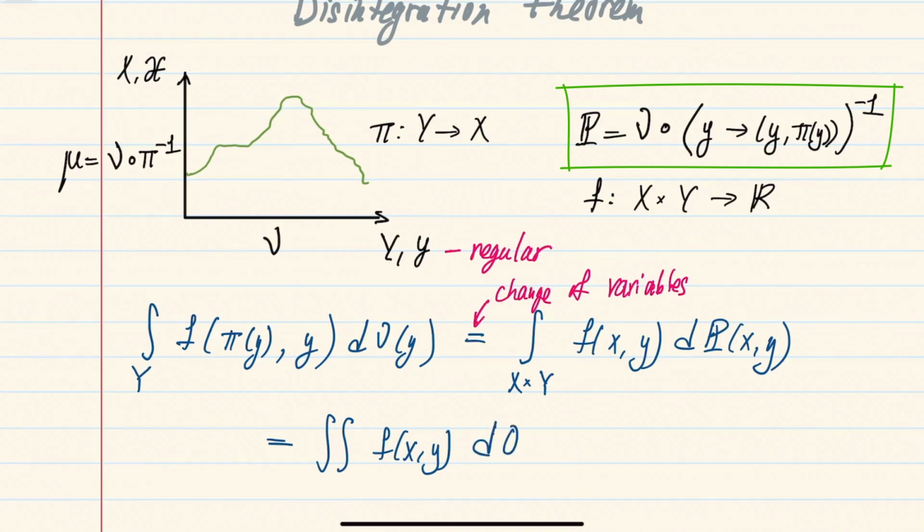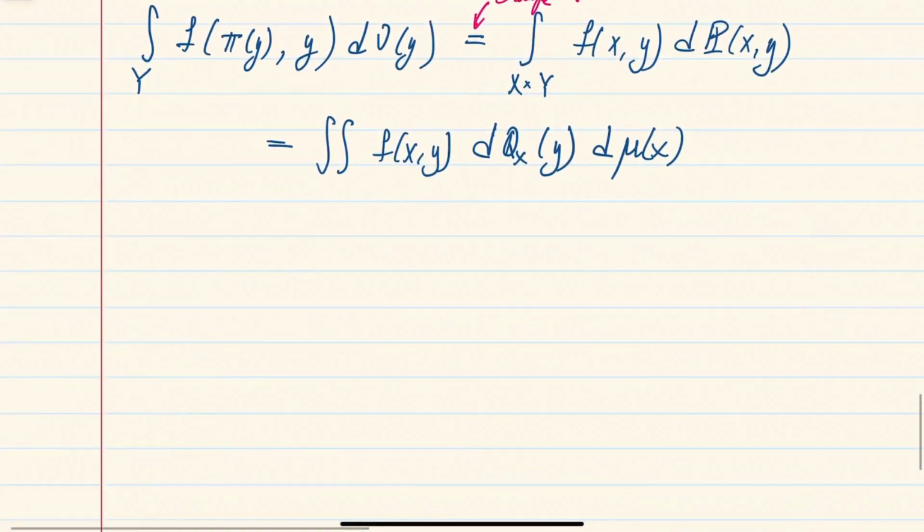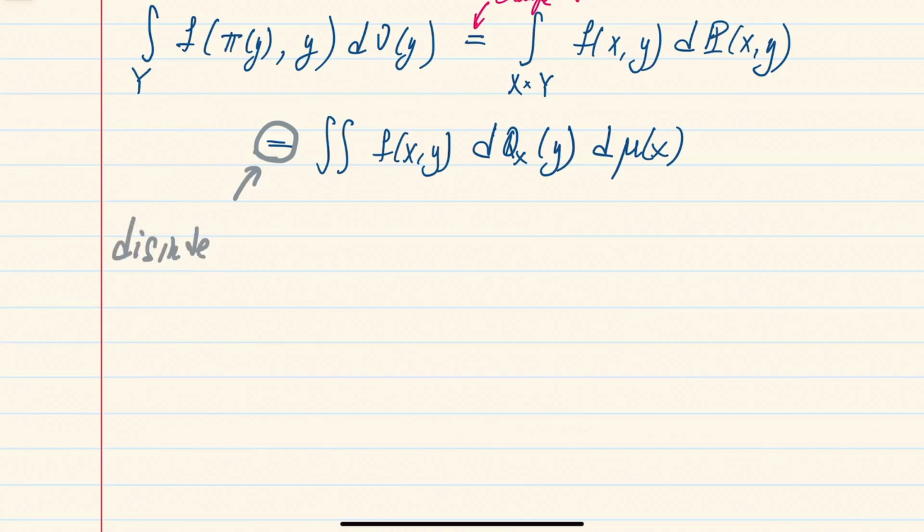So there is some measure q for a fixed x on the second coordinate y, and once you integrate with respect to this, then you integrate with respect to the marginal on x, which here we denoted by mu. And so now if we omit this intermediate step, this equality going directly from the left-hand side to the right-hand side is exactly called the disintegration theorem.